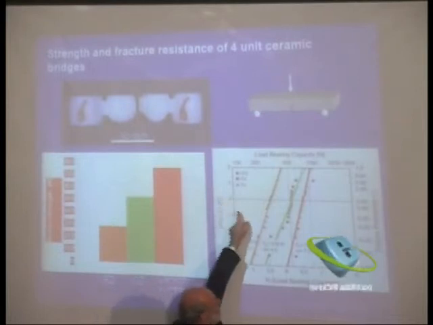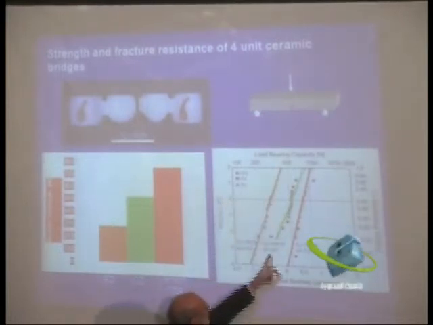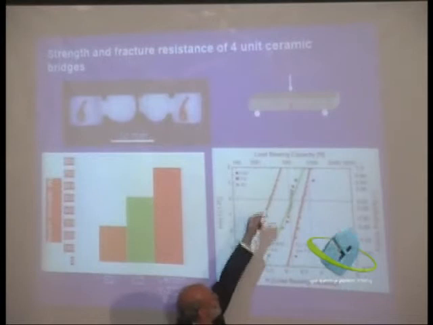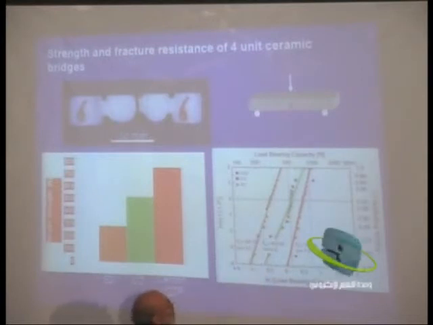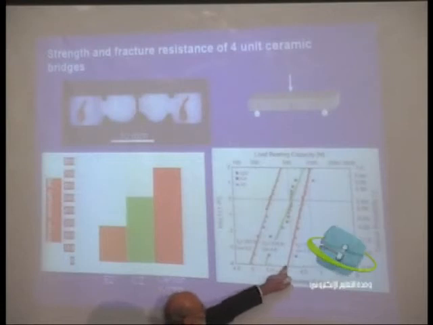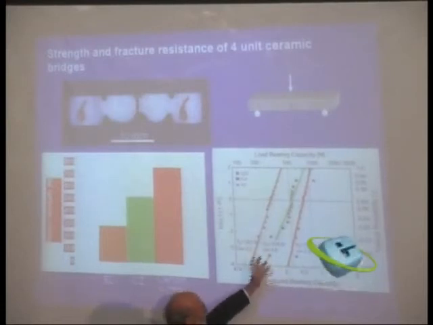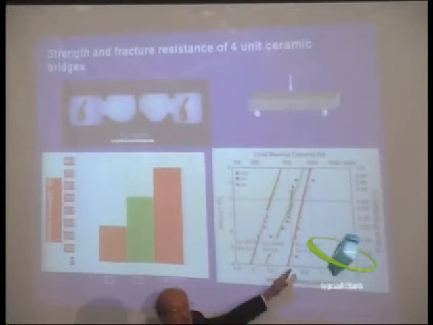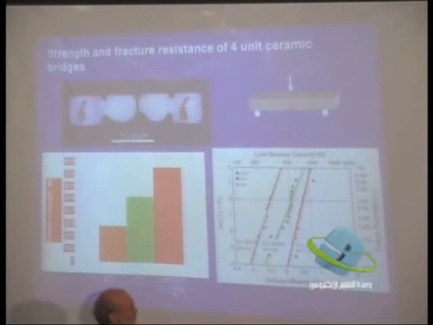So we can come out to here and say, well, under those conditions with the Empress 2, if the biting forces are above 350, 400 meganewtons, we will get 50% of the samples fail. Whereas in the case of zirconia, all of them will survive. So again, it's this question of being able to use the material on the basis of probability of failure.